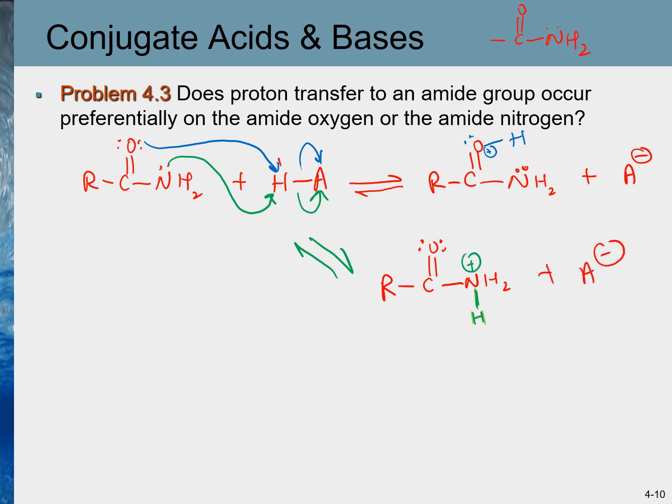So let's again call the first one species A and the second one species B. So again, we need to determine if A is the preferred species which is formed, or in other words, is oxygen the preferred site where proton is accepted, or nitrogen.